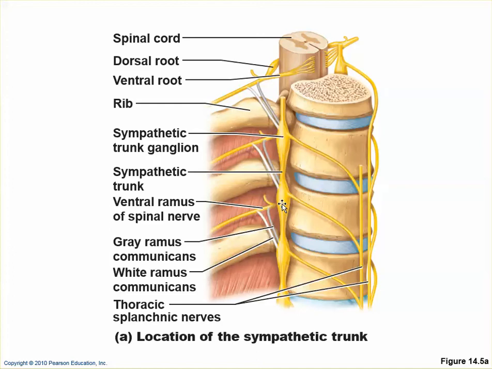So what happens here is the preganglionic neuron comes out here, right, and passes through the white ramus communicans. It then synapses and then goes through the gray ramus communicans, gray being non-myelinated.